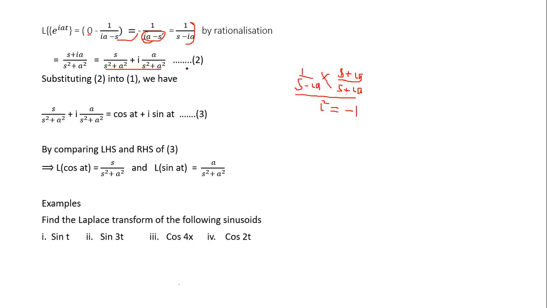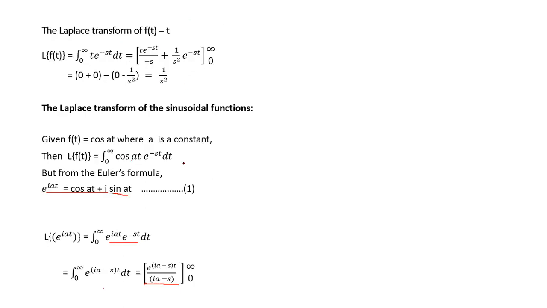So that will give us equation 2. Now let's go back to equation 1. Equation 1 is when we transform, we apply Euler's formula, which is exponential iat equal to cos at plus i sin at.